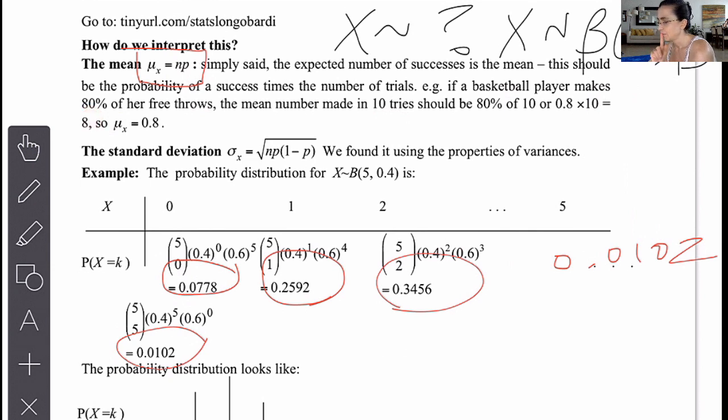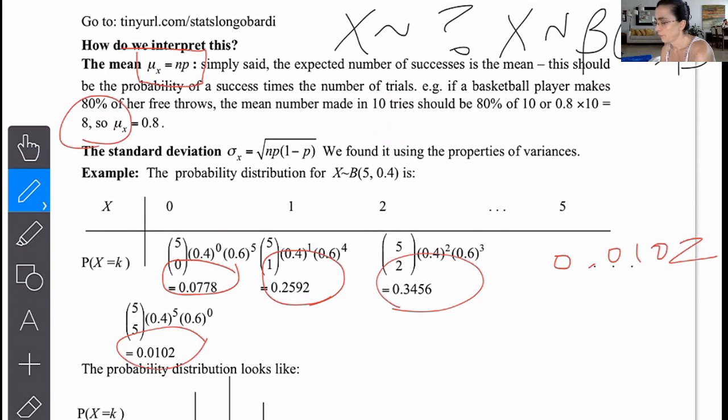80%, 10 times. So how would I figure out what to expect? Well, each time it's going to be 80%, so I just multiply by 10, and that indicates that 8 should be the expected value, okay?